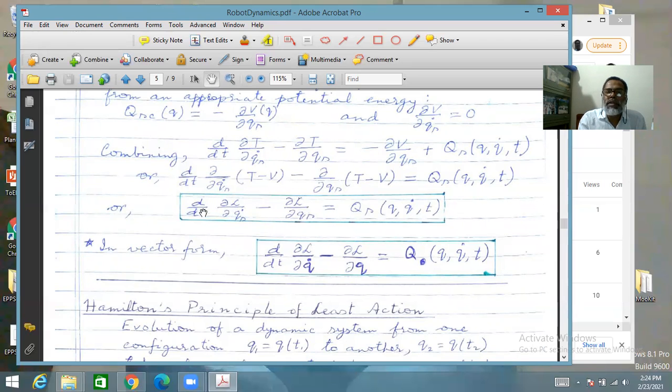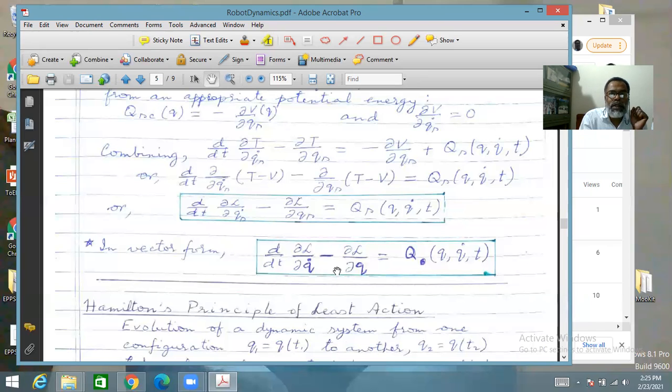That would produce a huge expression on this side in terms of all the q's, all the q dots, and all the q double dots. And that is equal to the generalized forces, which may be force or moment depending upon the corresponding coordinate. This is the dynamic equation. This is a vector form which has k scalar components like this.